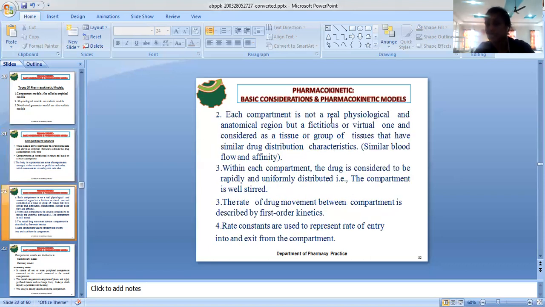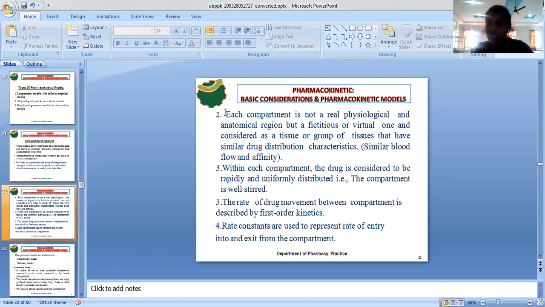And the second assumption: each compartment is not a real physiological or anatomical region, but a virtual one, considered as a tissue or group of tissues with similar drug distribution characteristics, similar blood flow and similar drug affinity. It is a hypothesis only for experimental purposes, and it does not have any real physiological meaning. The liver, for example, has its own blood flow and is connected with other anatomical regions, but here each compartment does not have any real physiological or anatomical region.